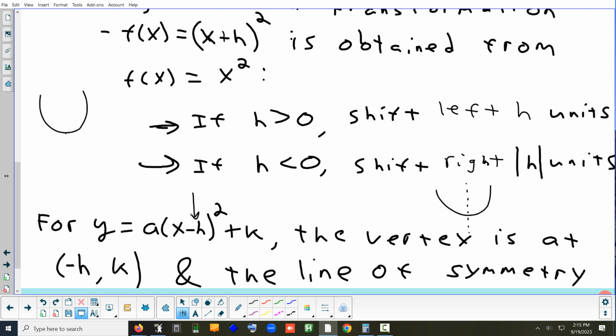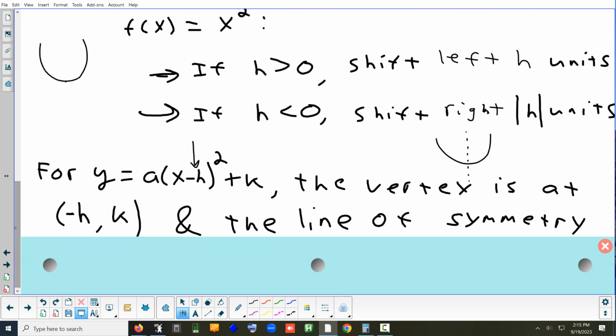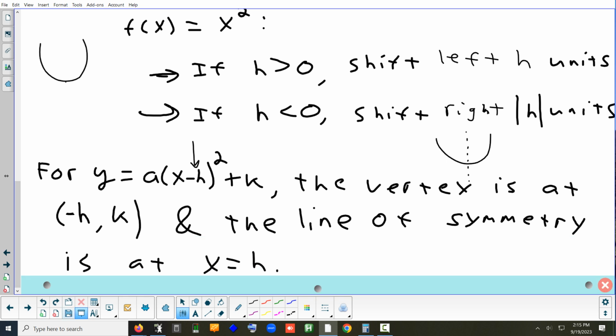Now, the line of symmetry, which way does it go again? Is it horizontal or vertical? Vertical. And do you remember when you write the equation of a vertical line, it starts out with a certain letter equals. It's not like y equals mx plus b. It's a special case.